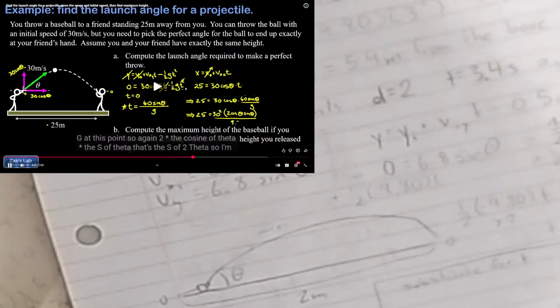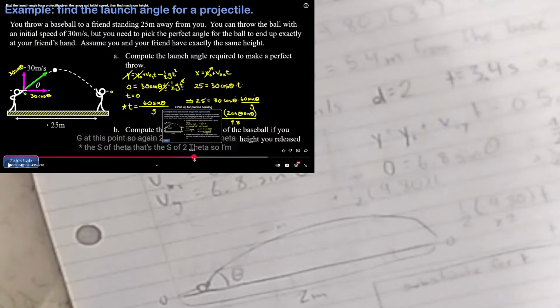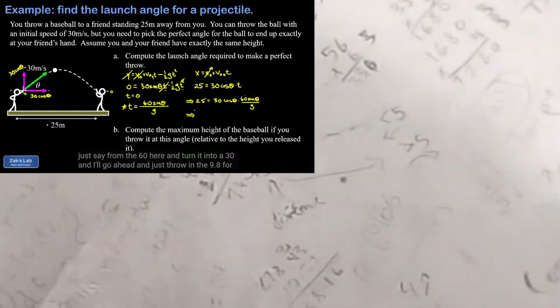Like this. Okay. So that's what he uses. At this point, again, okay, so 2 times the cosine of theta times the sine of theta.